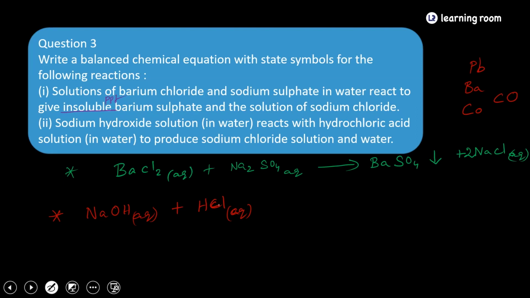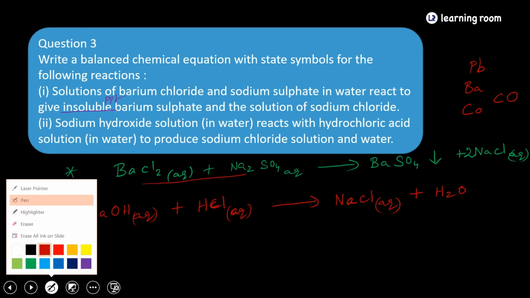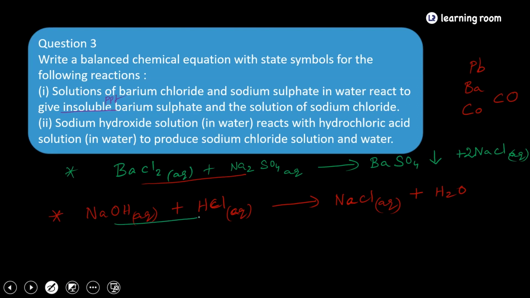So hydrogen chloride with water is the acid. To produce sodium chloride solution, NaCl aqueous plus water H2O. Simply these two react, and then here these two react.